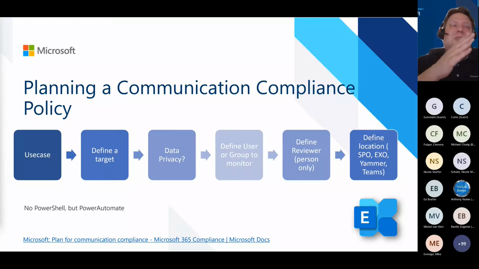So we have information barriers, for example, and before they switch the department, we start with communication compliance, and then we bring the people into the rules of information barriers. Very interesting. So that is the target.